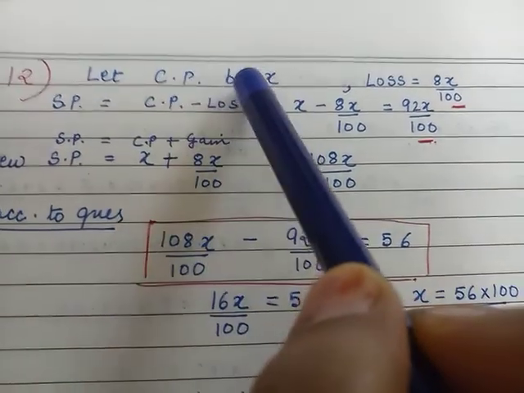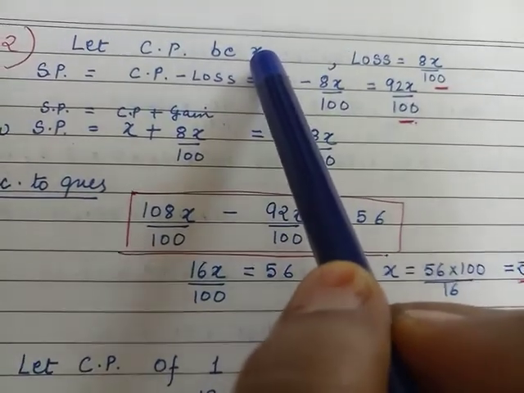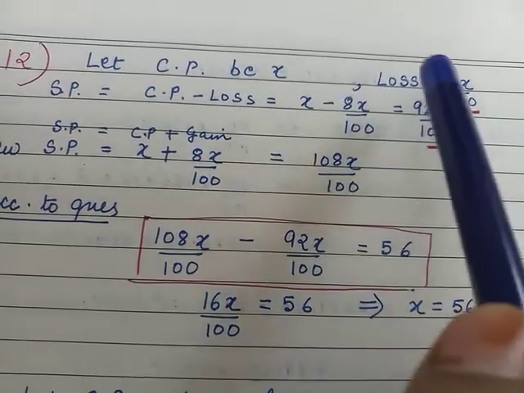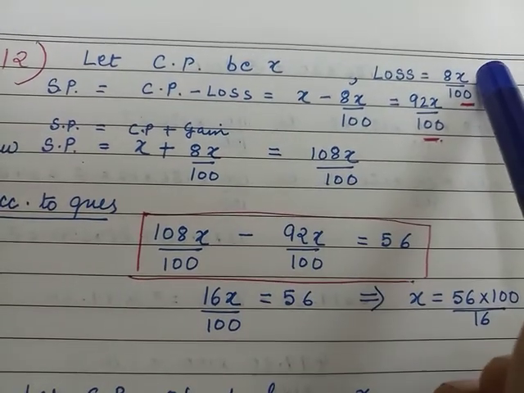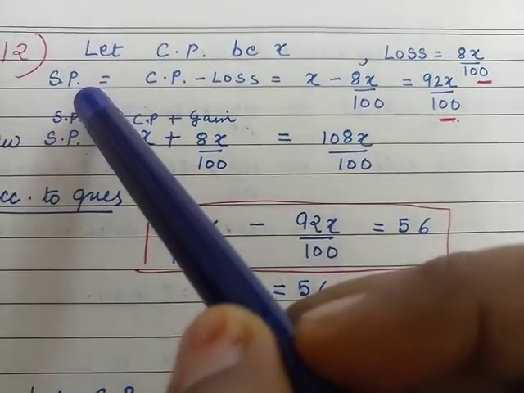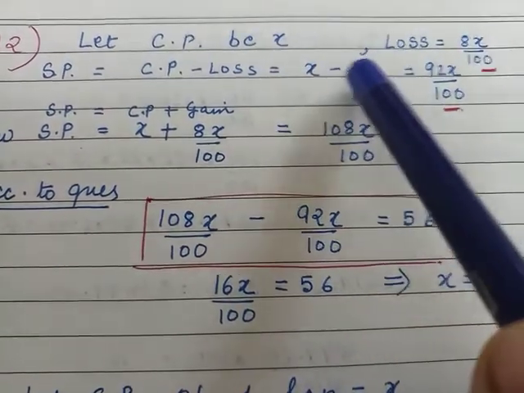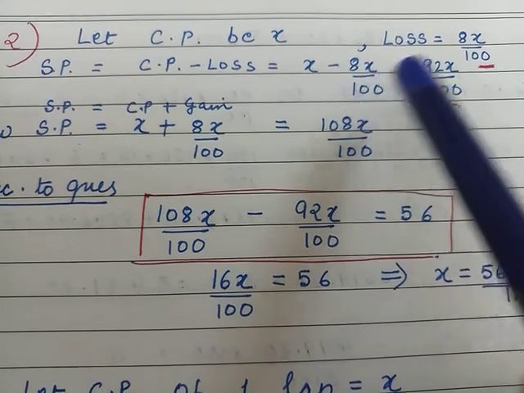So we let the cost price be x. In the first case, the bucket was sold at a loss of 8%. So loss is equal to 8 by 100 into x. Selling price, when we have a loss, becomes CP minus loss. So x minus 8x upon 100.